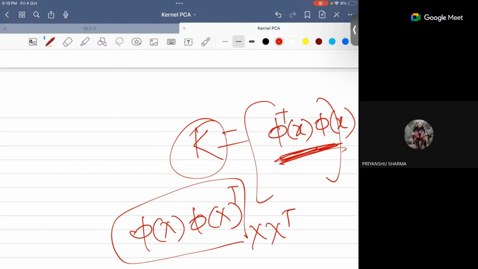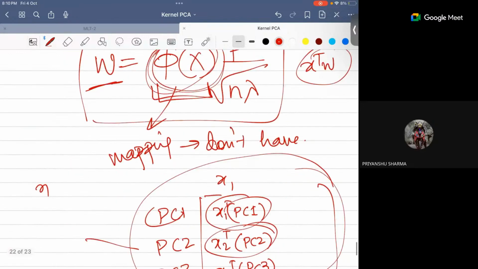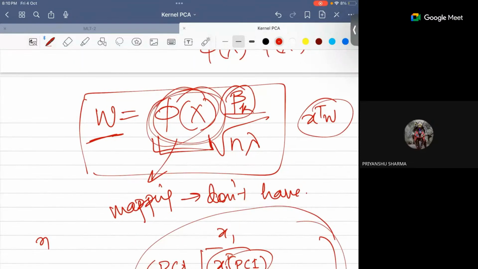So we know already some similarity between those two, they are almost similar types of symmetric matrix, and we know some of the properties of x transpose x and x x transpose that we have derived in the starting. So we have the eigenvector corresponding to this, like beta k or something. I did not represent it, I am just telling you the concept behind that.